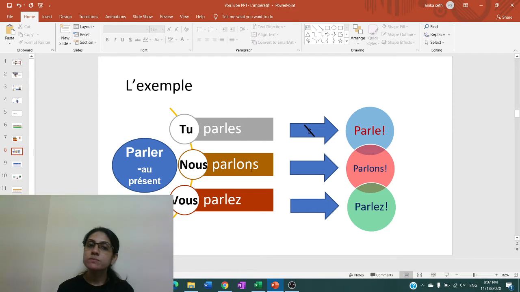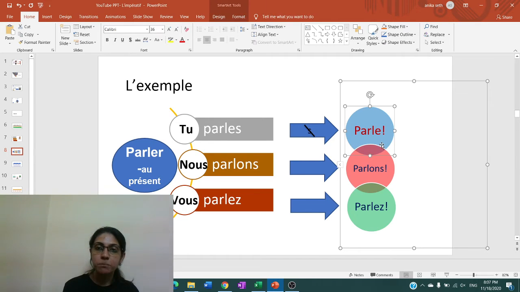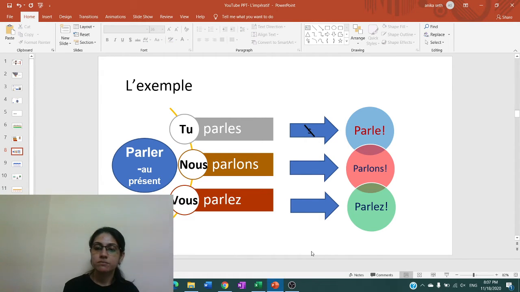Remove nous, only write parlons, add an exclamation mark. Vous parlez, present tense conjugation. Remove vous, only put parlez, followed by an exclamation mark. So this is the conjugation of the verb parler in the imperative: parle, parlons, parlez. Right?